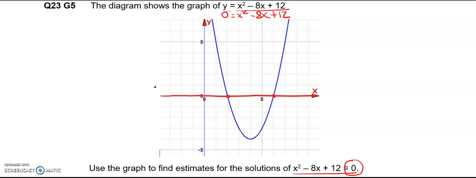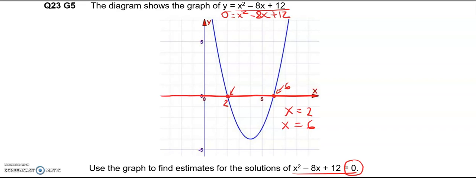It's these two. And what is x equal to in these particular cases? We've got a 6 here, and we've got a 2 over here. So x is equal to 2 and x is equal to 6. These are the two solutions for this graph.